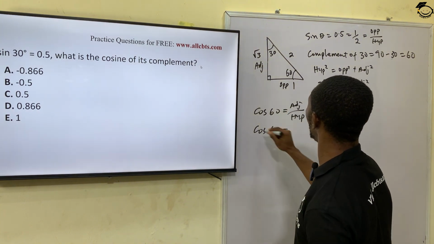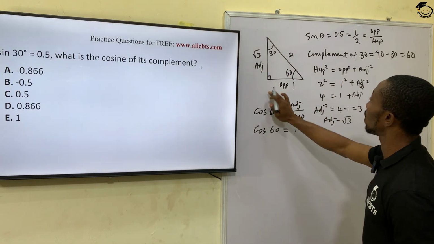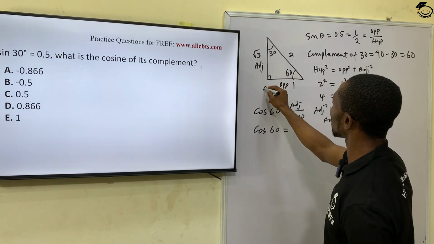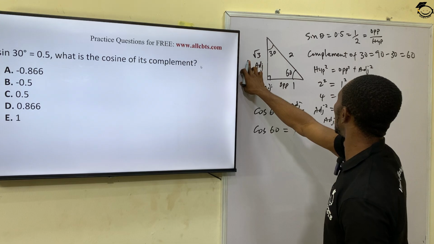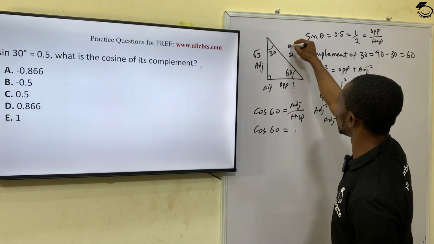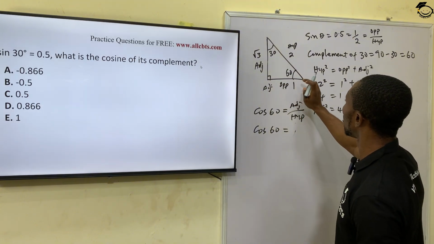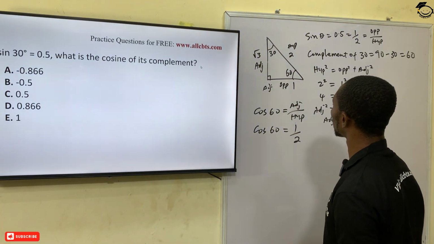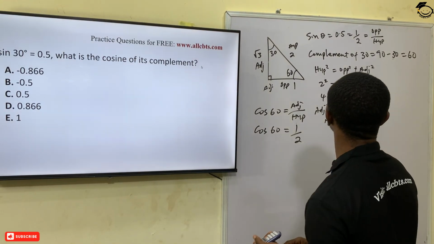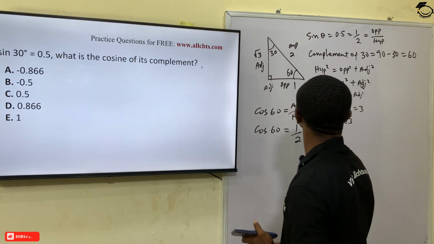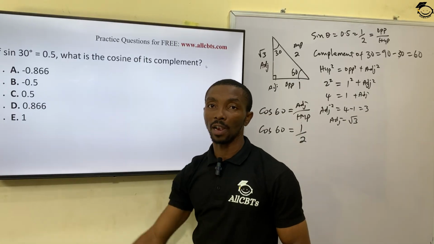Considering cos 60 here, this will be our adjacent and this will be our opposite, while this is our hypotenuse. So cos 60 will become 1 over 2. All right, so cos 60, which is the complement of sine 30, will still be 0.5.